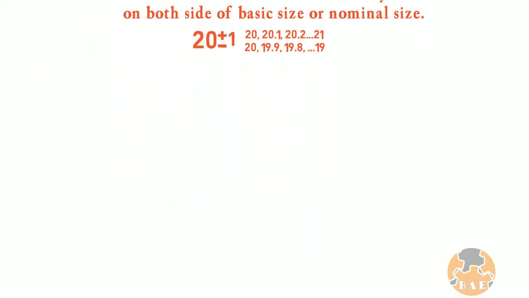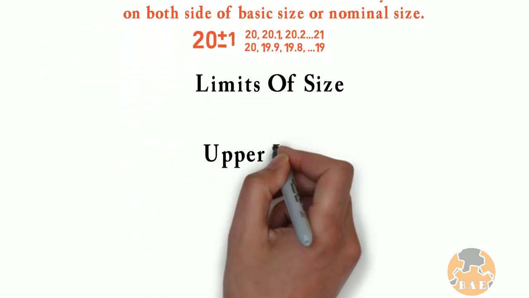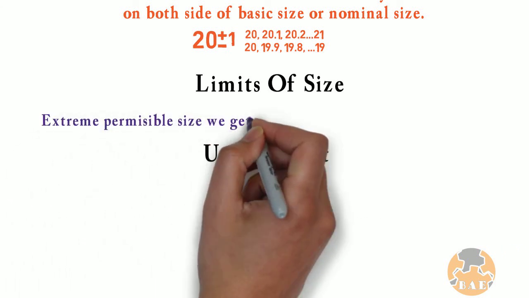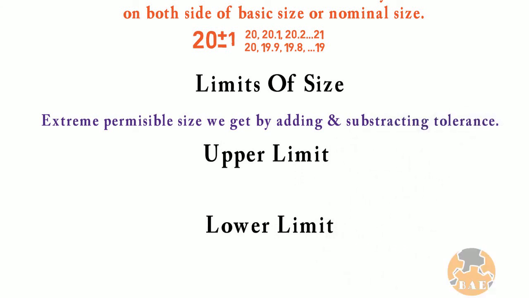Again here a few more terms come: limits of size, upper limit and lower limit. Limits of size is the extreme permissible size for the feature, means whatever extreme size we get by tolerance will be the limits of size. There are two limits, upper limit and lower limit.